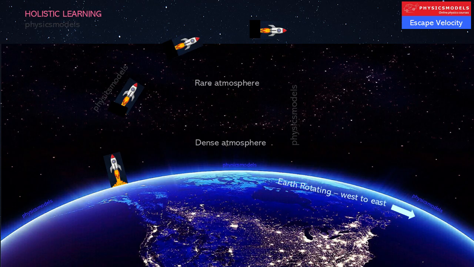When they are launched up to a particular height, since the Earth and its atmosphere is rotating from west to east, like my animation at the beginning of this video, in the same way, the rocket is turned towards the east as it attains a particular height, and that saves a lot of fuel for getting that rocket into a trajectory and into the Earth's orbit. The details of the rocket's trajectory are very complex and not in scope of this video.